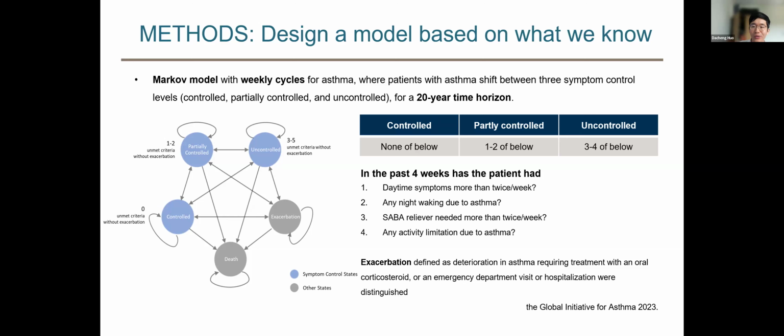Then we know how many people will spend how much time in each state. And if we know what cost and what health benefit each state carries, then we can estimate what cost and health benefit this disease will generate over 20 years.